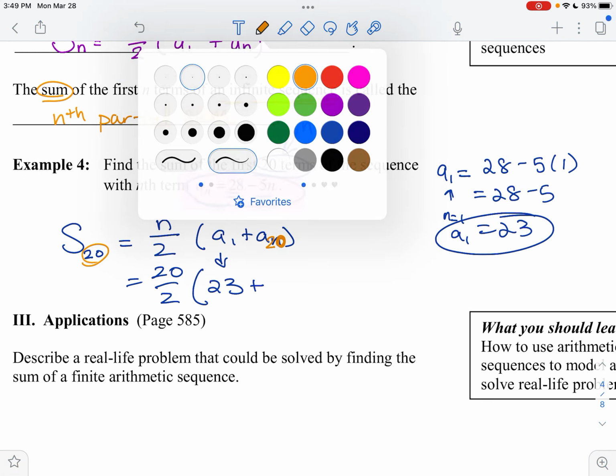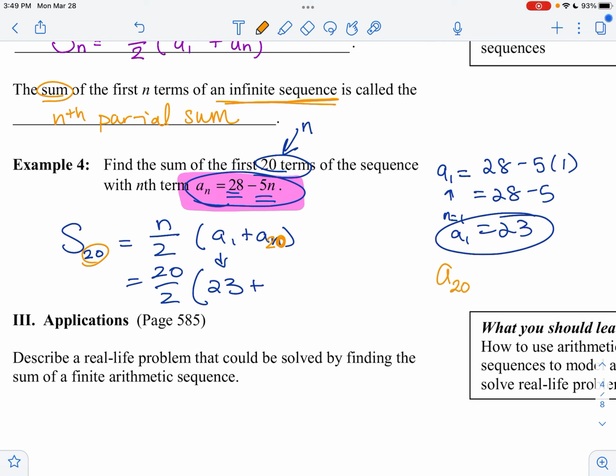Let's find the 20th term. Instead of having to multiply out this pattern, we're going to write 28 minus 5 times n, where n is 20. So it's 28 minus 100. That gives us -72. Put it right here instead of the 20th term.